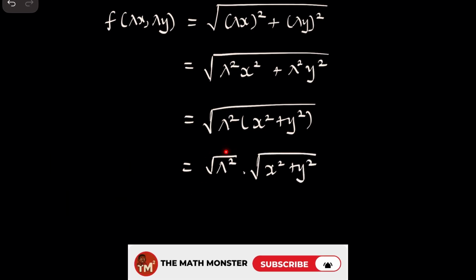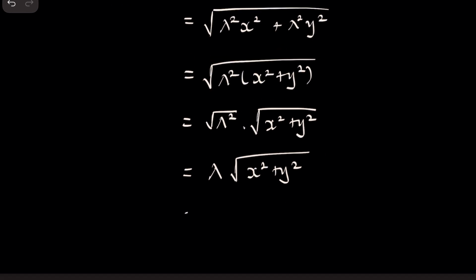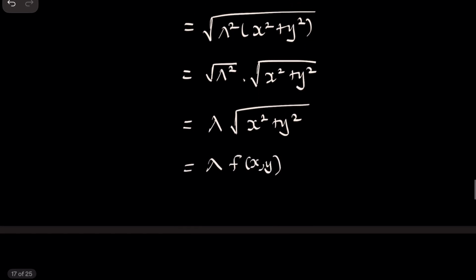The square root of lambda squared gives us lambda, so we have lambda times square root of x squared plus y squared. Now, square root of x squared plus y squared is our given function f of x y, and so we can say that the above function is a homogeneous function of degree 1.